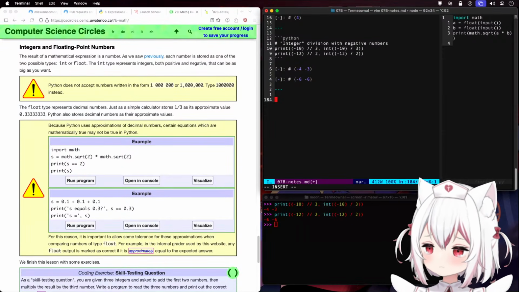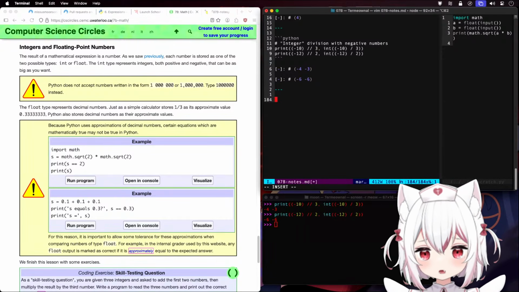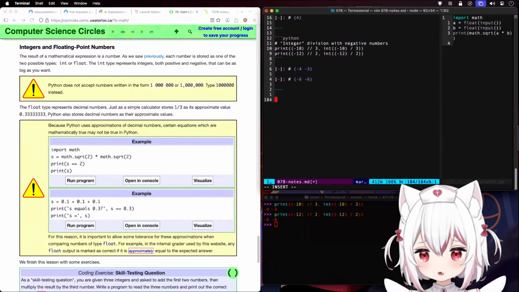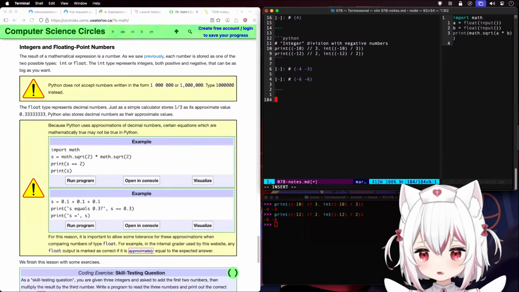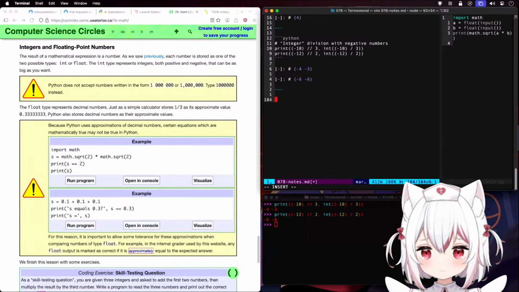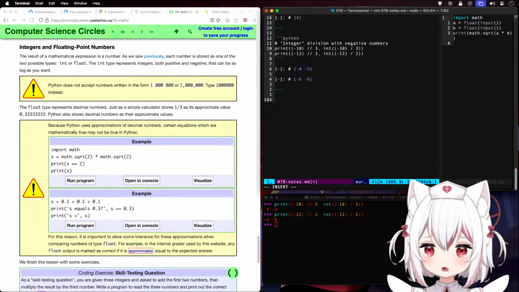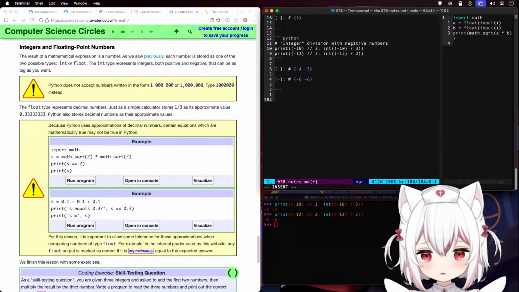The float type represents decimal numbers. Just as a simple calculator stores 1/3 as its approximate value, 0.333333, Python also stores decimal numbers as their approximate values. Because Python uses approximations of decimal numbers, certain equations which are mathematically true may not be true in Python.